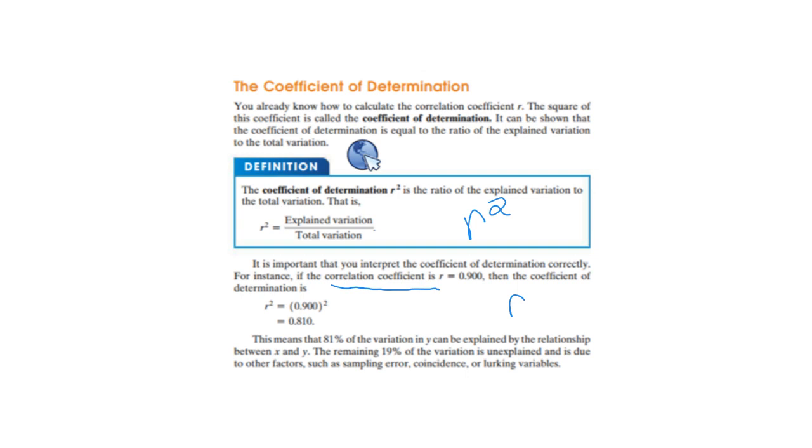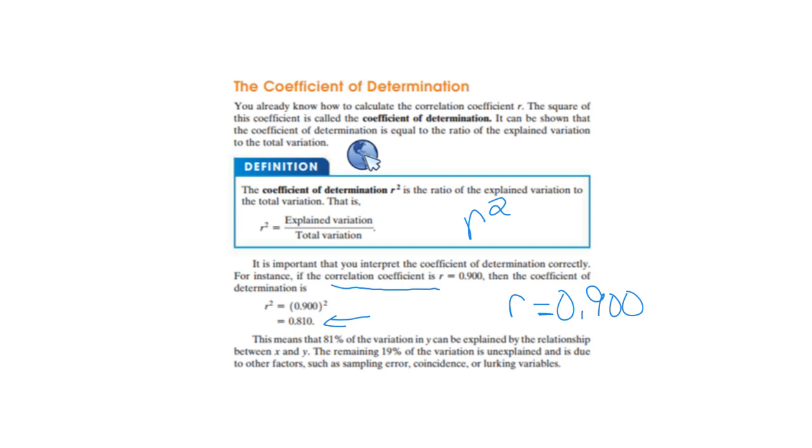The coefficient of determination tells us the explained variation over the total variation. So in this case down here, we took an R that was equal to 0.900. In order to find the coefficient of determination, we square that. When we square that, we get 0.810.